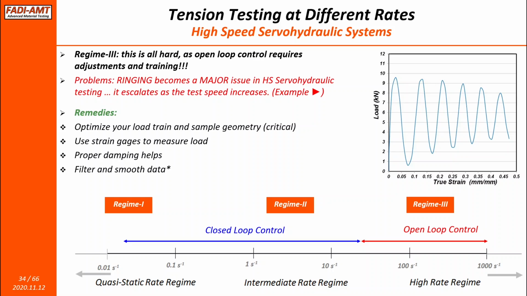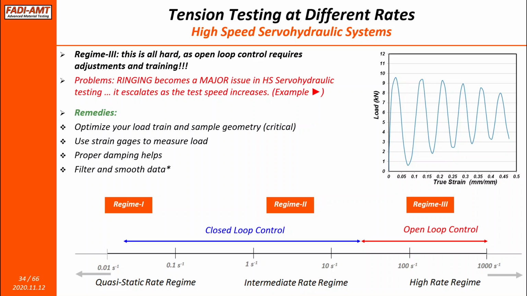Now, there are multiple issues with this problem, and this is mainly driven by your machine basically operating close to the natural frequency of the load train. When your deformation rate or speed is approaching that resonance frequency of the system, you have this problem.